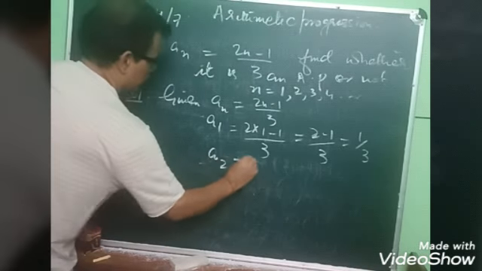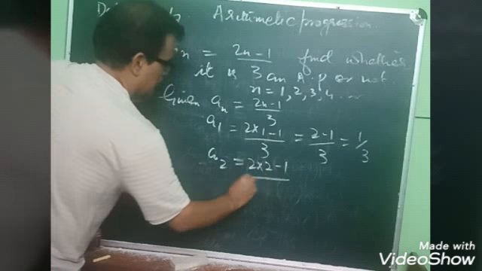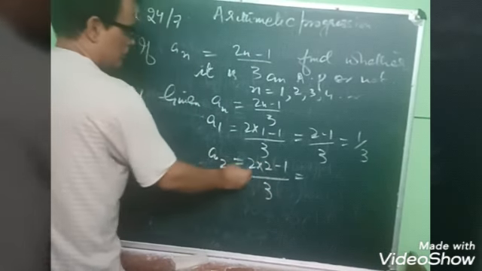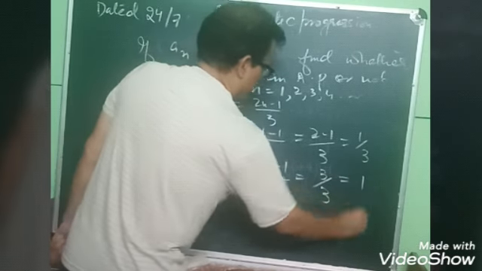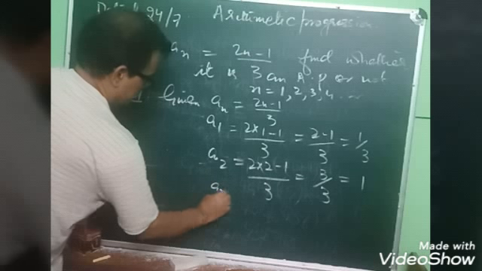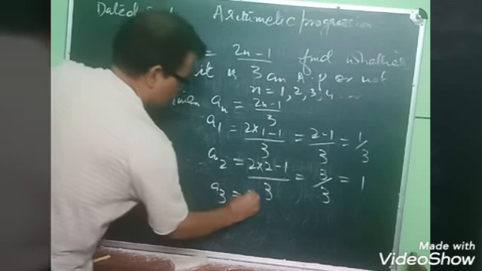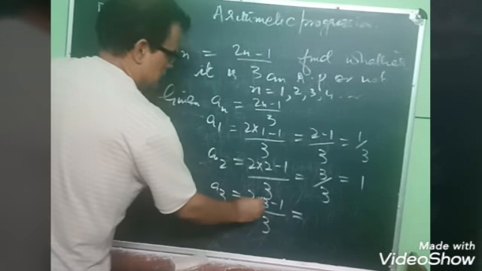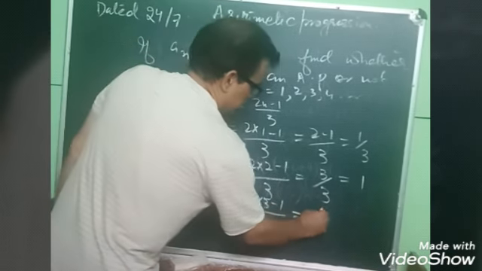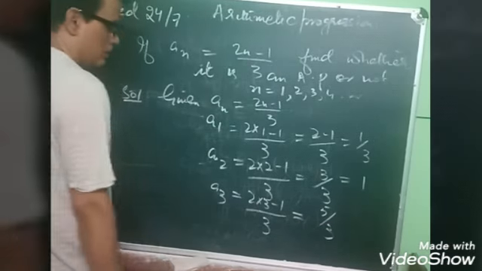A2 can be equal to 2 into 2 minus 1 upon 3, that is 2 into 2 is 4 minus 1 is 3 upon 3, that is equal to 1. A3 can be equal to 2 into 3 minus 1 upon 3, that is 2 3s are 6 minus 1, that is 5 by 3.